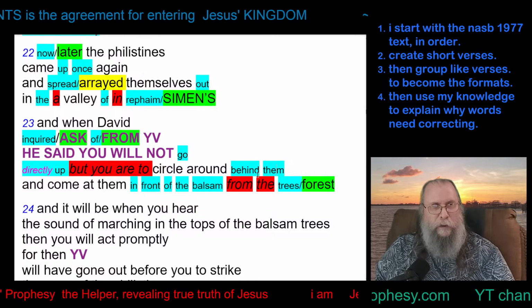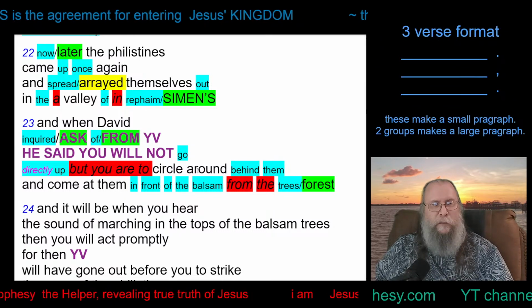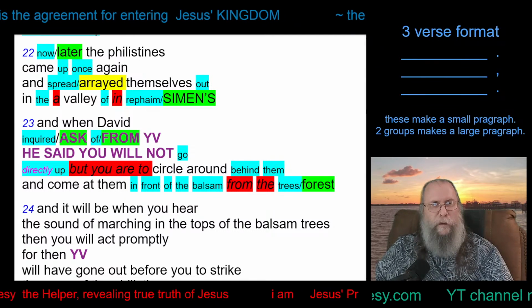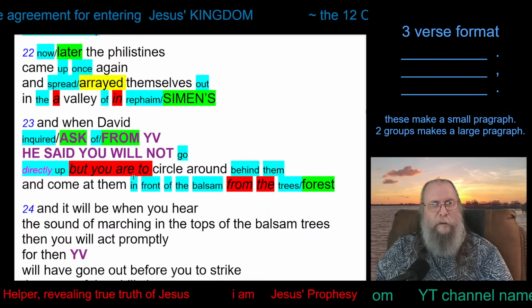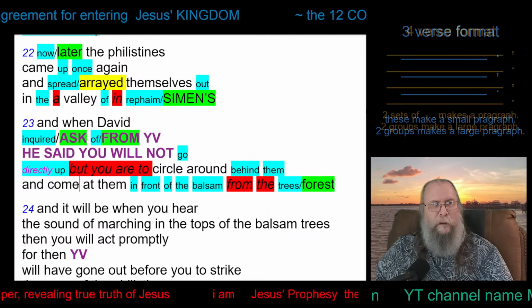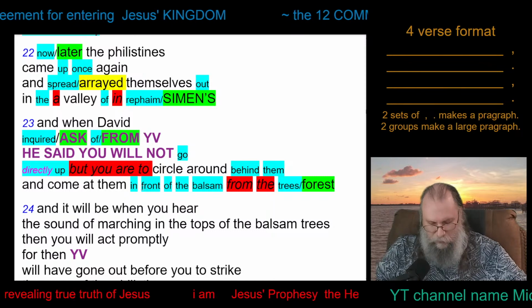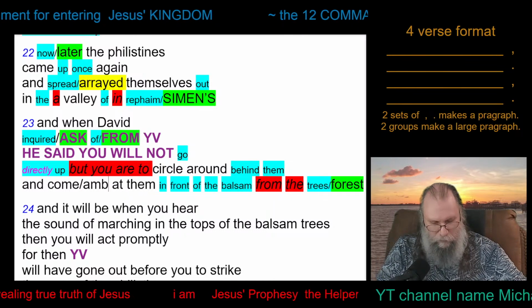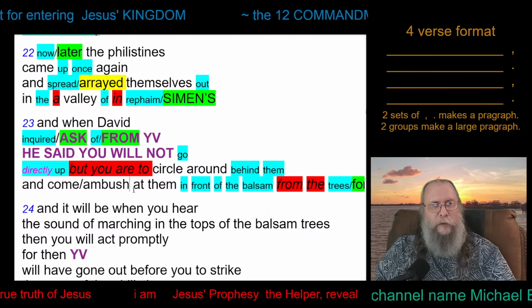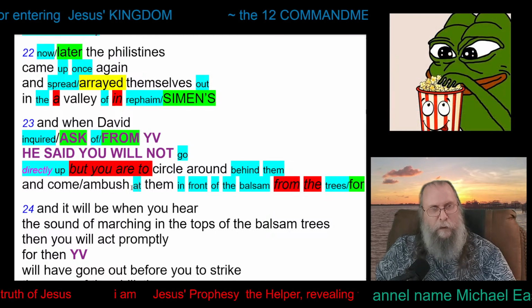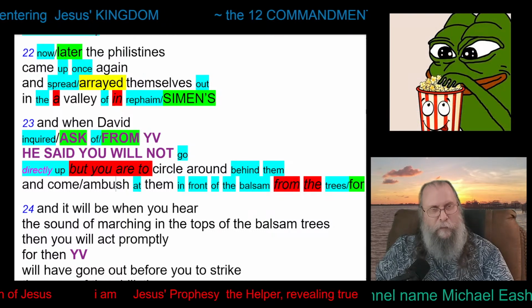I really don't like the word circle around them. And I would say ambush them from the trees. I need the word ambush.